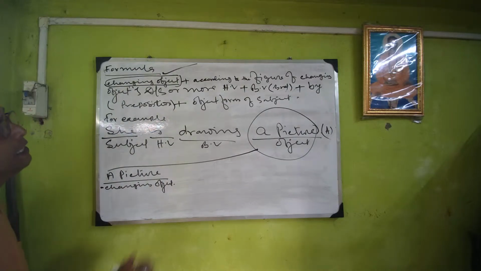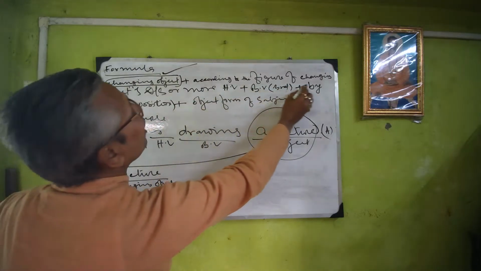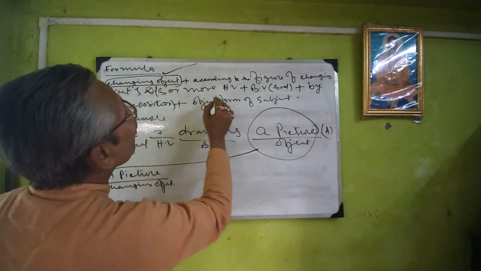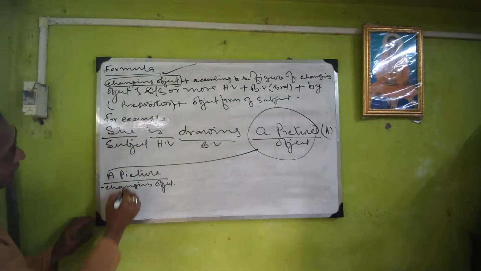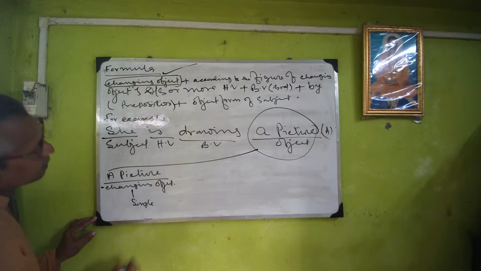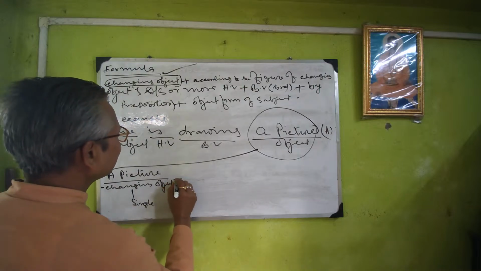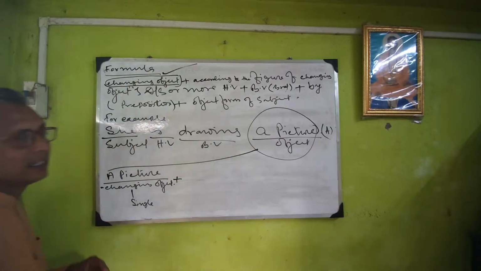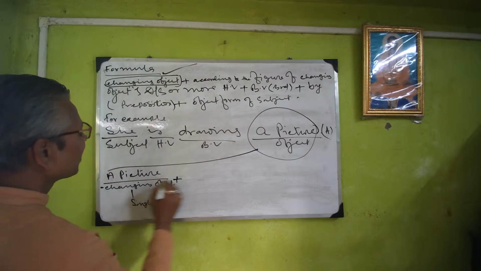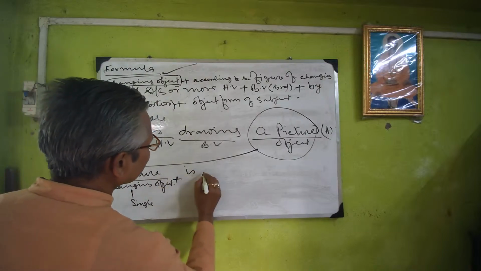Next, the formula requires HV according to the figure of changing object, double, single or more. Picture, single. In this field, HV is being.